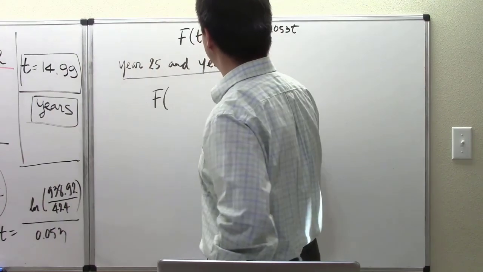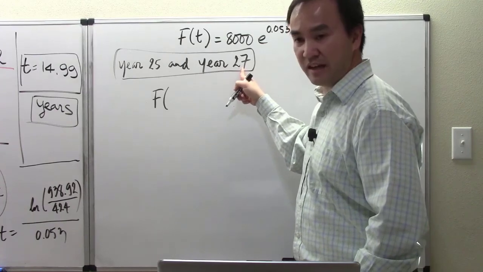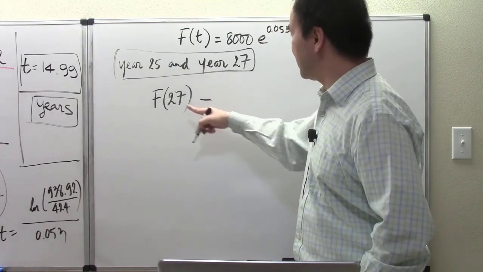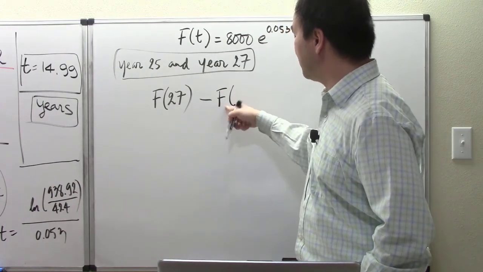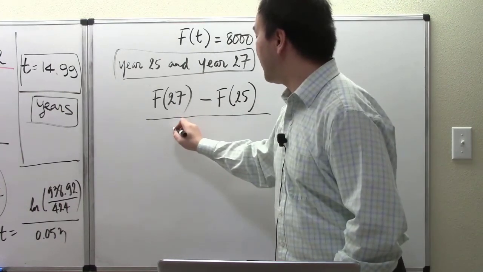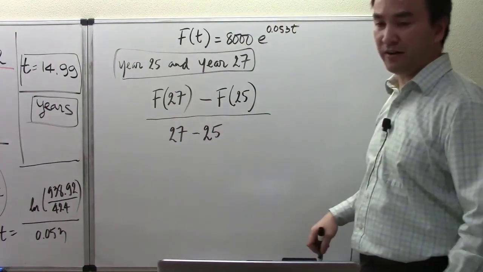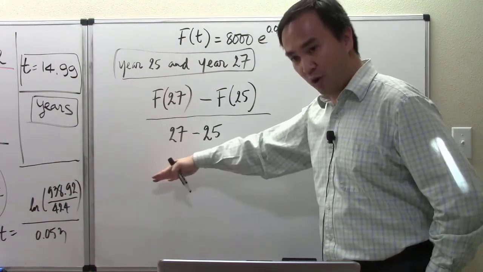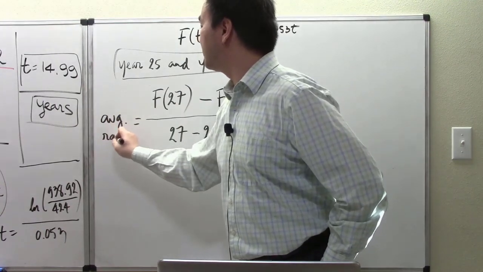So the final value has to be at year 27, so I substitute in f of 27 and subtract the initial value, the future value at year 25. Then I divide by the final time, year 27, minus the initial time, year 25. That famous difference quotient is the average rate of change.